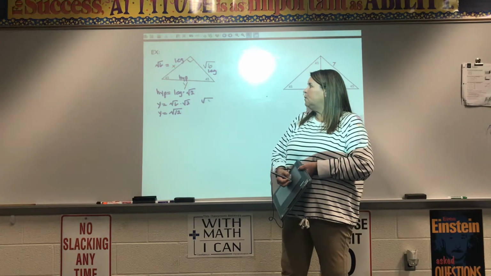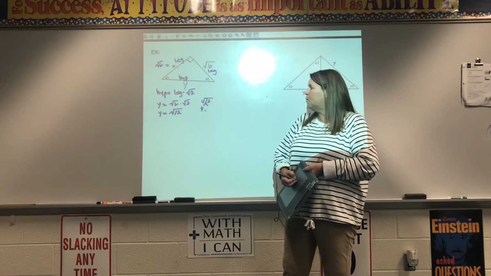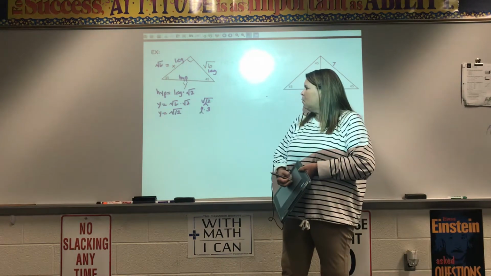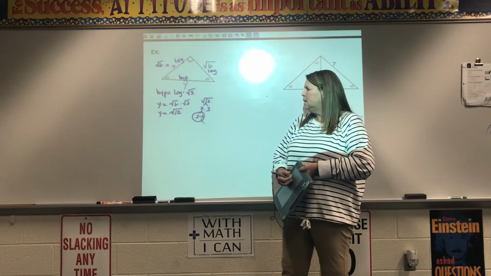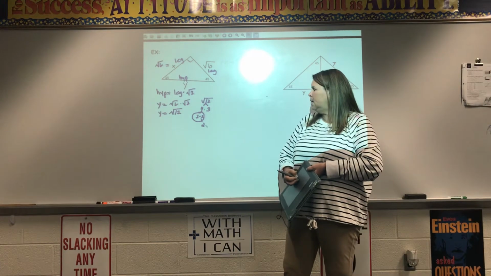Square root of 12, I can use 4 and 3. I could have also used 2 and 6. 4 is 2 and 2. So there's a pair of 2's. Take 1 out. Remember, our leftover 3 goes back under the radical.